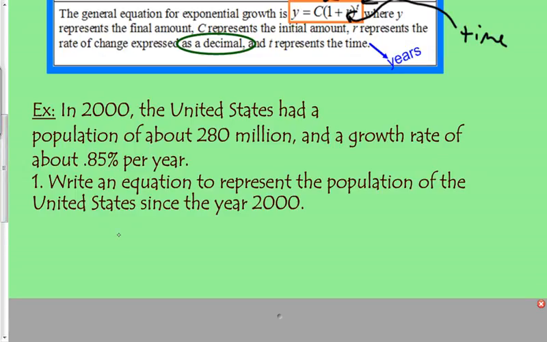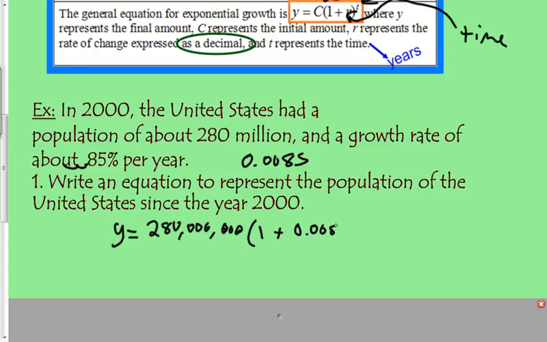So we're going to say y equals an initial amount, which is c, would be 280 million, times 1 plus the rate, which, if you change that to a decimal, is 0.0085, because you have to move that decimal over 2 places back. All right, it's not 85%, it's 0.85%. And then raised to the t, so however many years. That's our formula that we're going to use.